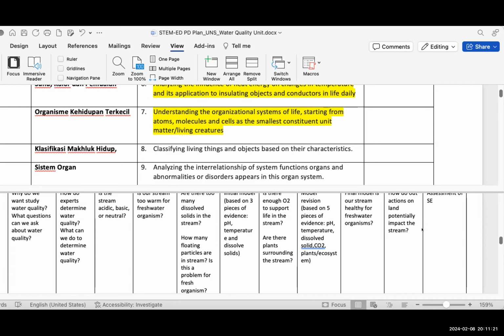The teachers will not just be exposed to the experiment, but also to the questions, and whoever the trainer is has to model the strategies, for example think, pair, share, or asking very good questions so that the students are engaged. So I believe all these teaching strategies will be embedded in the learning activities that you will introduce to teachers, right?